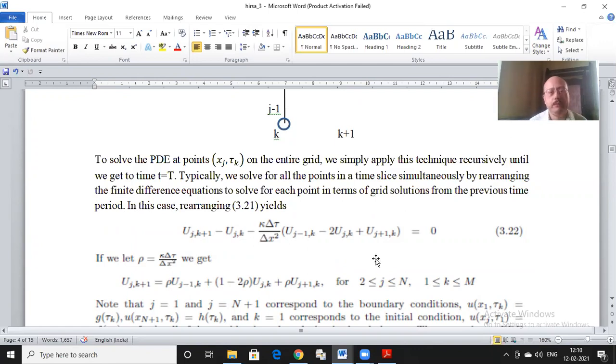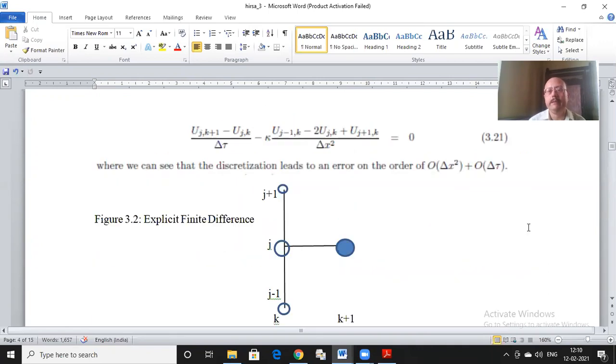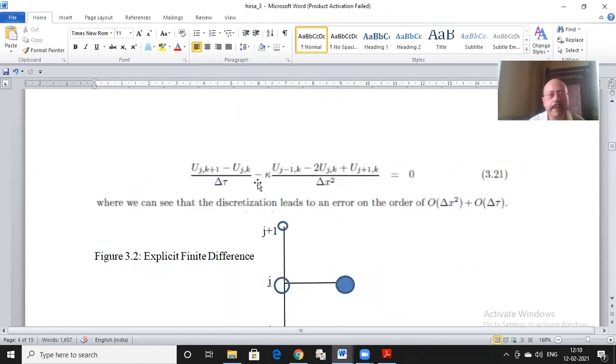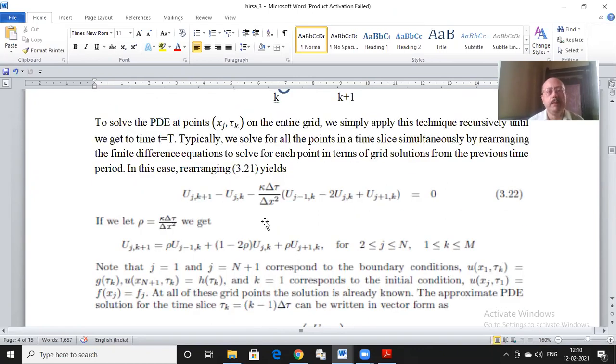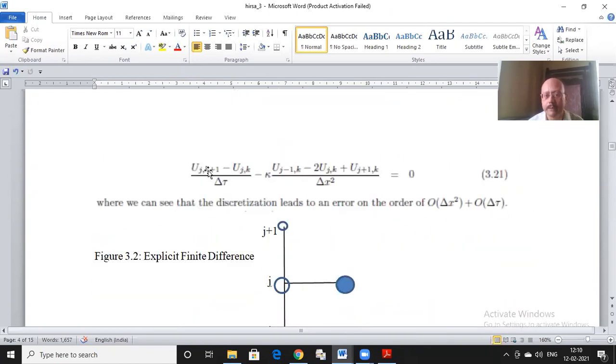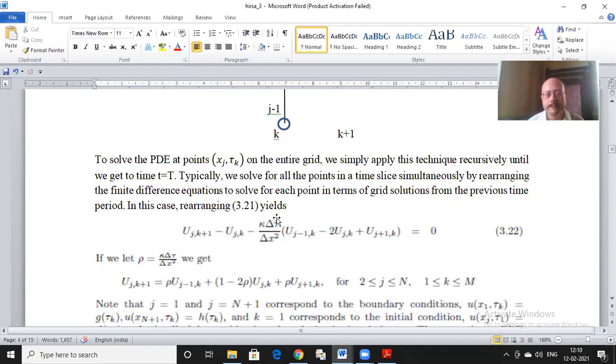So if I try to write it as a system, I will rearrange 321 so that ujk plus 1 can be written simply like this. So ujk plus 1 minus ujk from here, I multiply things by delta tau so that this side becomes free. This constant k delta tau by delta x square, we will call rho. We will call this rho times the central difference part equal to 0.